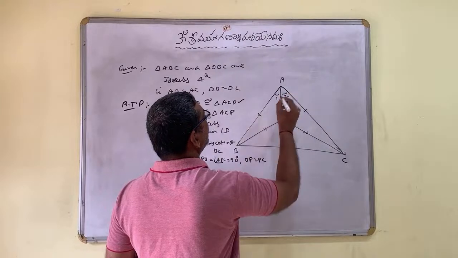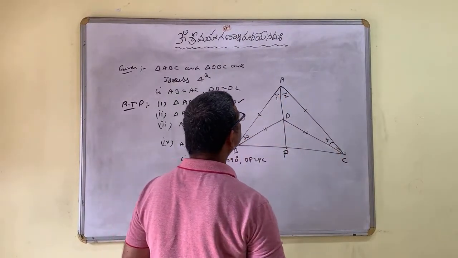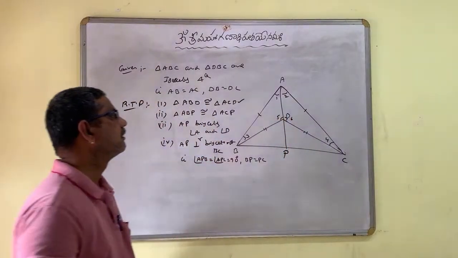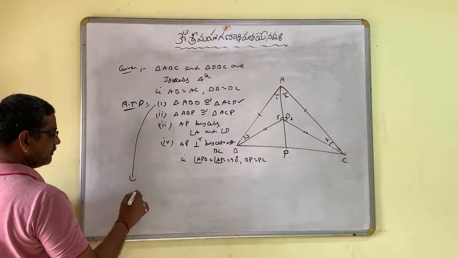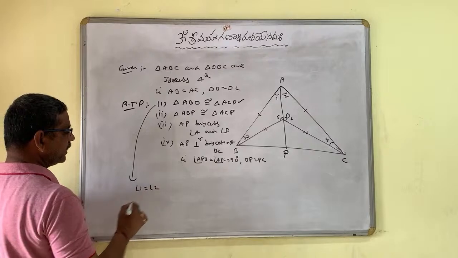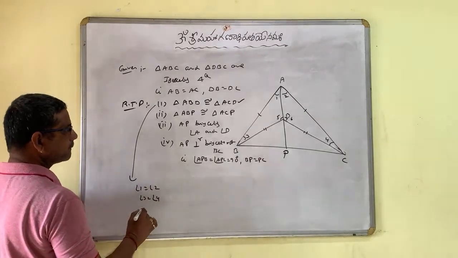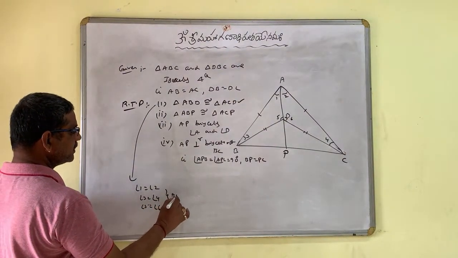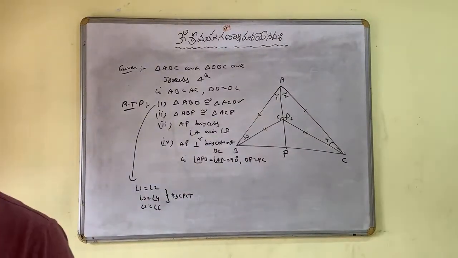Angle 1, angle 2, angle 3, angle 4, angle 5, angle 6. So from this, angle 1 is equal to angle 2, angle 3 is equal to angle 4, angle 5 is equal to angle 6 by CPCT.